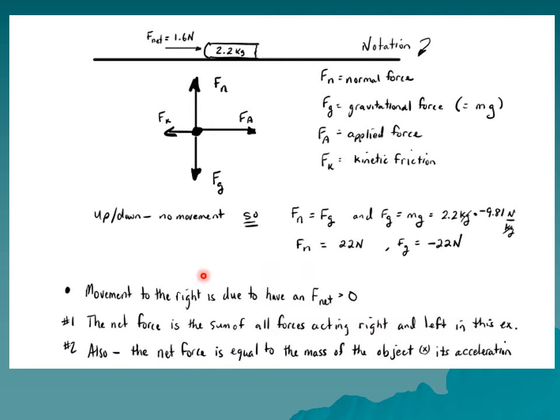So movement to the right is due to a net force greater than 0. The net force is equal to the sum of all forces acting to the right and left in this example. And also the net force is equal to the mass of the object multiplied by its acceleration. So these are the things that I know about this book and the fact that it is moving, it is accelerating. And so let's investigate that in the next slide.